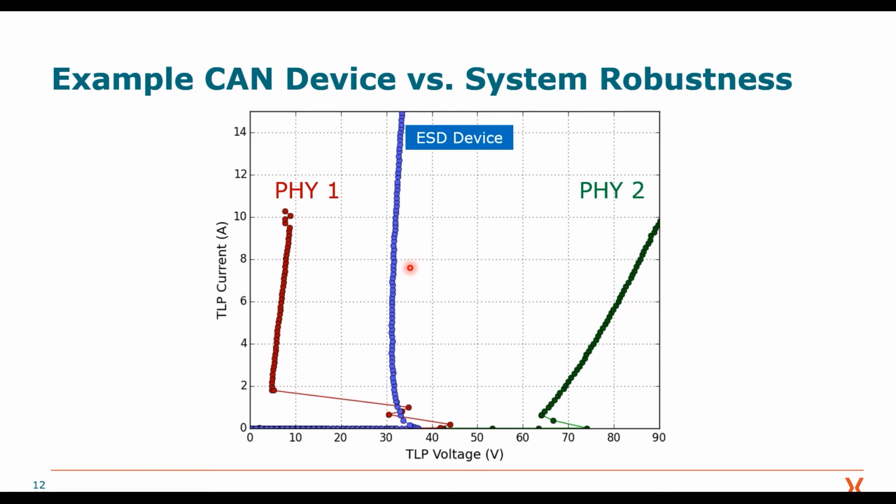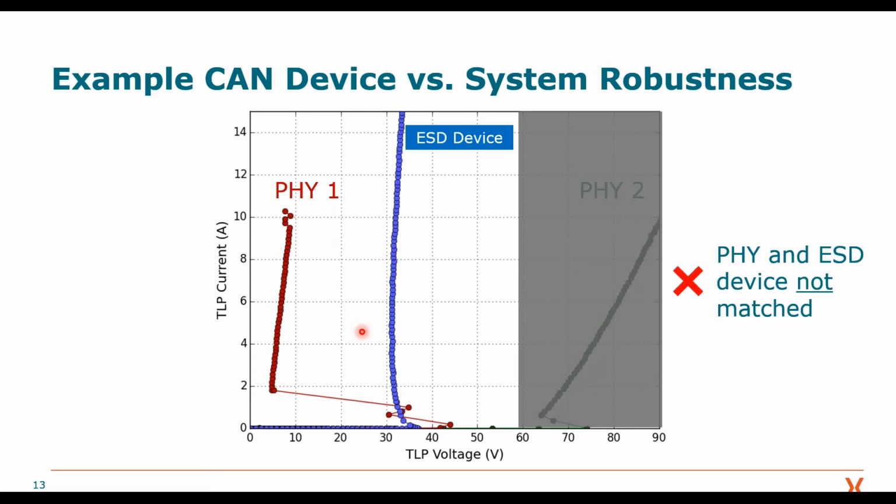But we also plotted the ESD protections of two different PHYs. So the internal ESD protection of these PHYs, and you might ask yourself, if I combine the ESD protection device with one of these PHYs, what would be the best match, or what match would even work here?